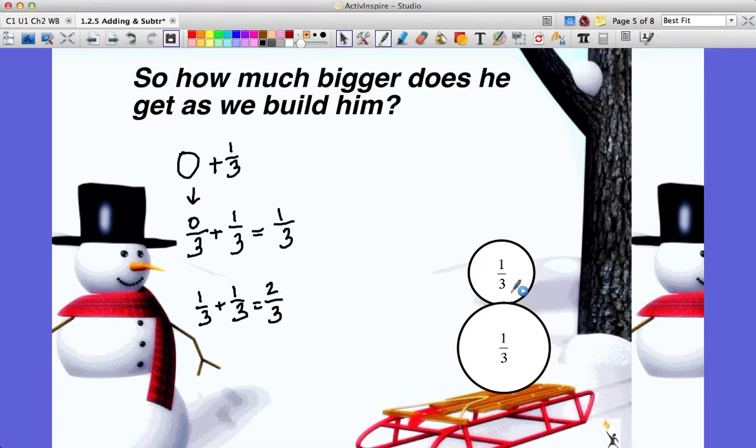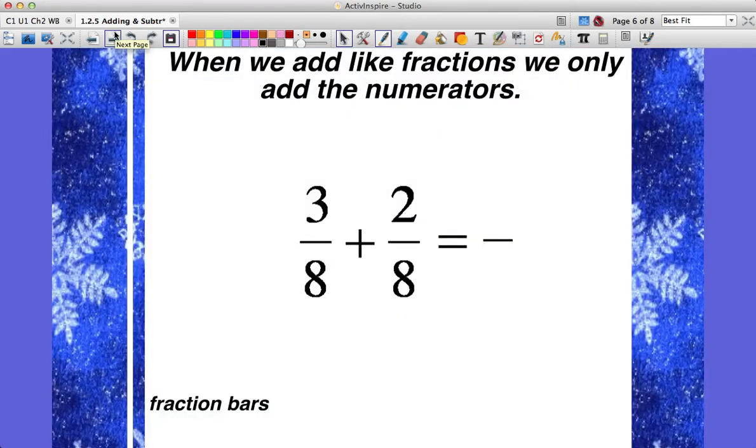So I had 1, I added another 1, so now I have 2. Now I have 2/3 of the body finished, and I'm going to add my last 1/3, and I have 3/3. Anytime we see the same number on top and on bottom, we know that means I have 1 whole.